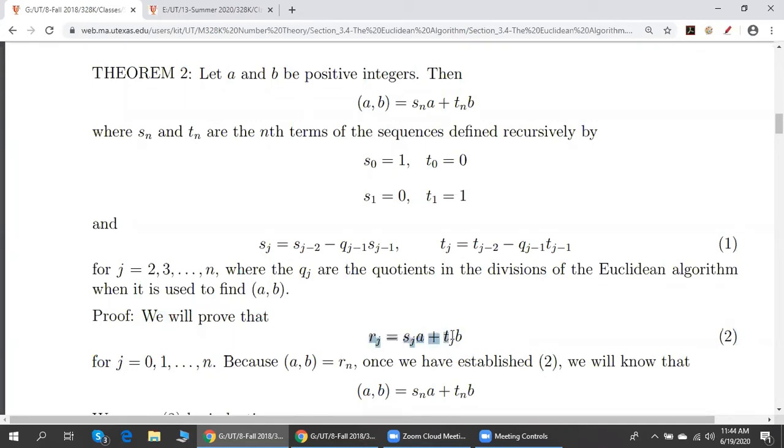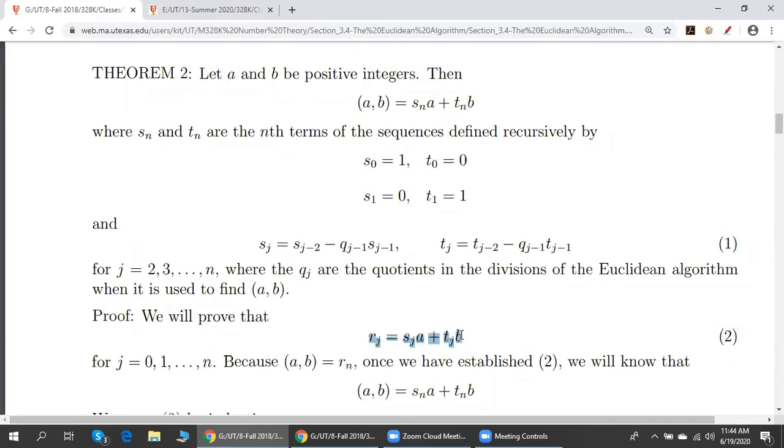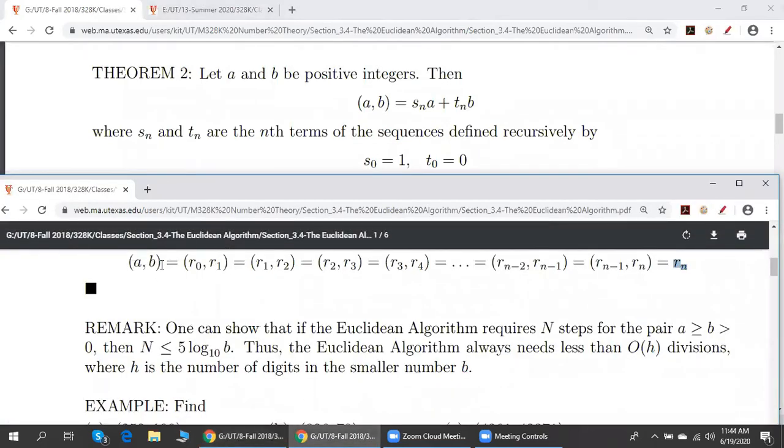What is written here is a generalization of this, because this follows from this when j is equal to n, thanks to the fact that the greatest common divisor of A and B is equal to Rn.